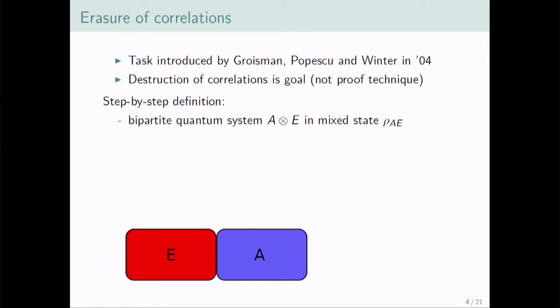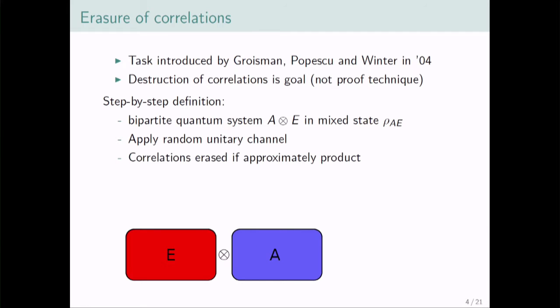So let's look at this in detail. It's basically almost the same as before. We start with the bipartite quantum system here that has parts A and E. But this time, instead of a partial trace as a noisy map, we apply a so-called random unitary channel, which consists of choosing a set of 2 to the k unitaries, and then basically flipping k coins, and so randomly choosing one of the 2 to the k unitaries.